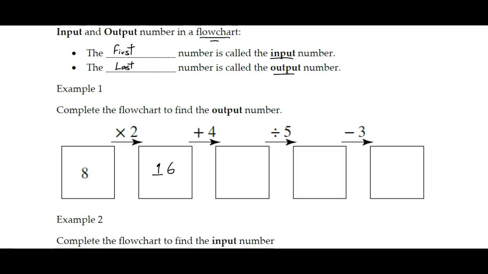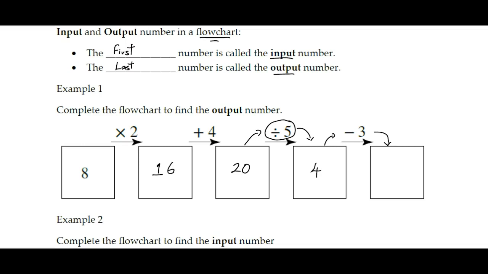What are we going to do with 16? We are going to add 4 to it. So 16 plus 4 gives us 20. What are we going to do with 20? We are going to divide 20 by 5. So 20 divided by 5 gives us 4. And one final step in our flowchart, we're going to subtract 3 from 4.